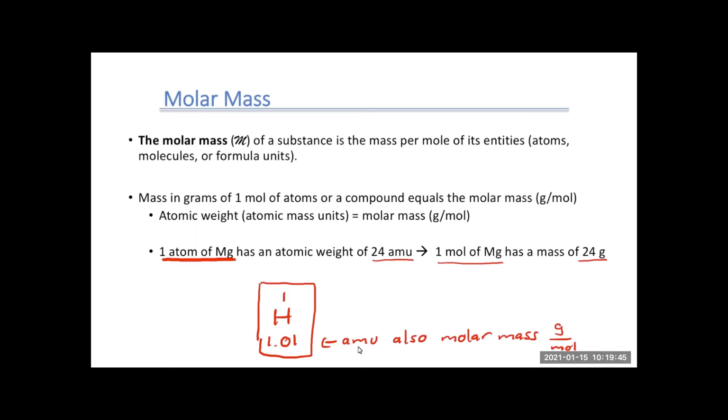If we're looking at the amount of substance we might weigh out in the lab, then we can use grams per mole. But it's still the same number on the bottom. That's the beauty of the periodic table, is we have all this information contained in simple little squares like this. There's so much information we can get out of that. And that's because for both of them, they use carbon-12 as their standard to figure it out.